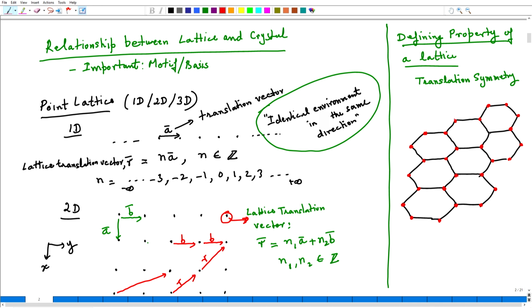So, I have put this bunch of points and it is a perfectly regular arrangement of points, but I say that this is not a lattice.